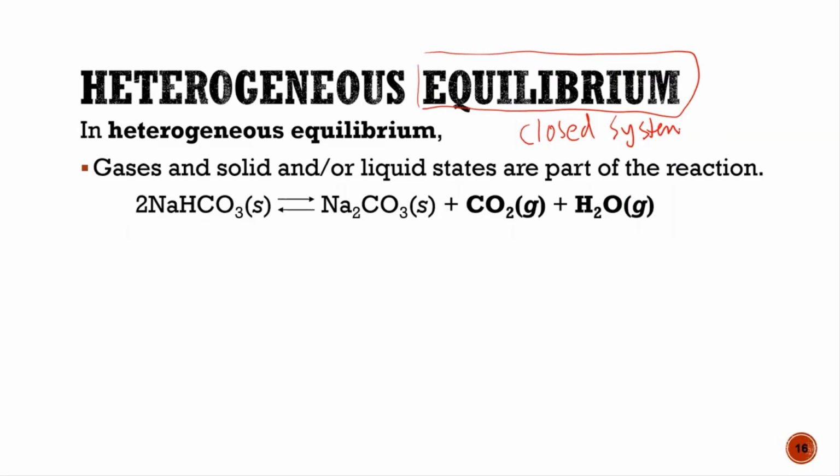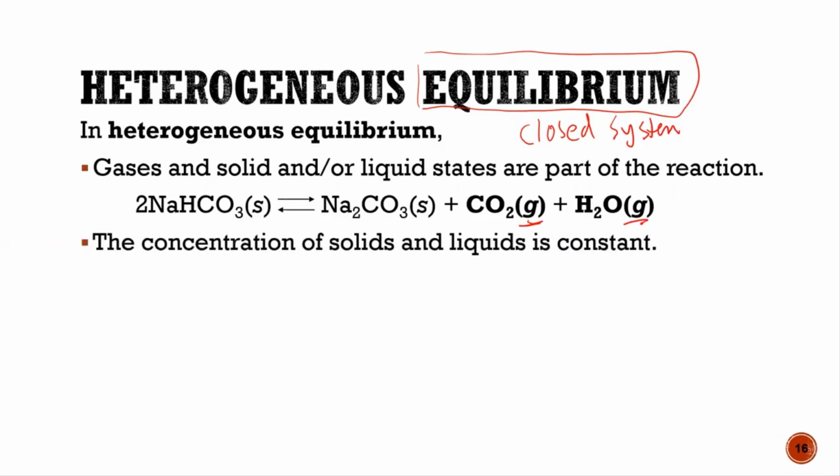So how do we handle it when there's not just gases? How do we handle it when there's solids or liquids? The concentration of the solids and liquids pretty much doesn't change. They remain constant. You can almost think of them as the solvent, like in the aqueous phase, water would be the solvent.